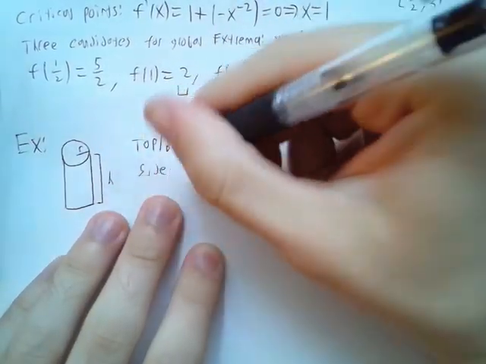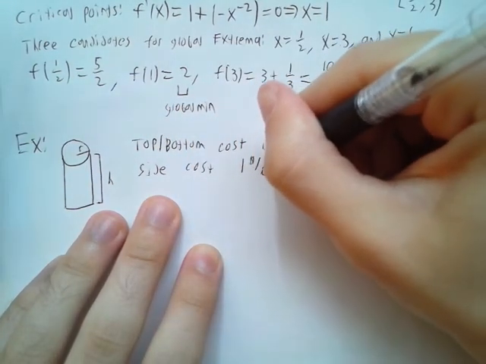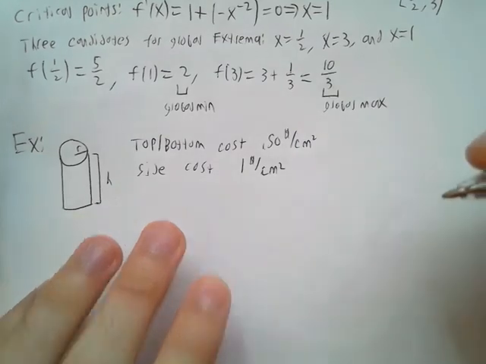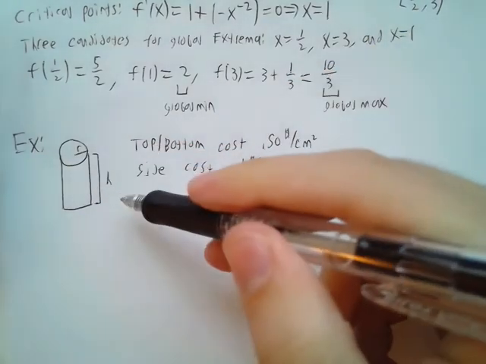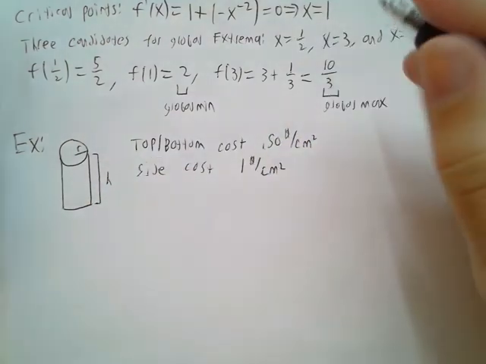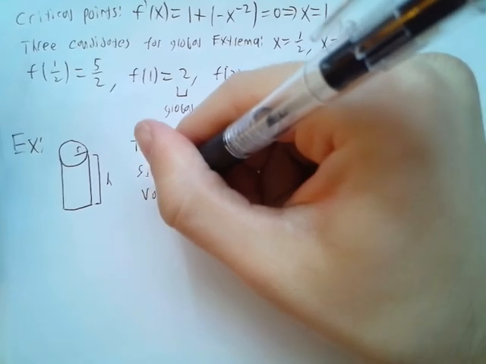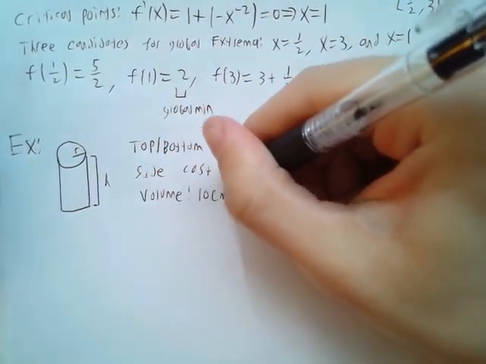The side of the can costs $1 per centimeter squared to produce. And the question is, how can we find r and h to minimize the total cost that we have to pay, given that the volume of the can has to be 10 centimeters cubed?